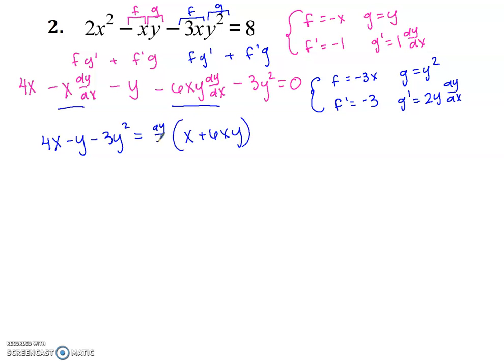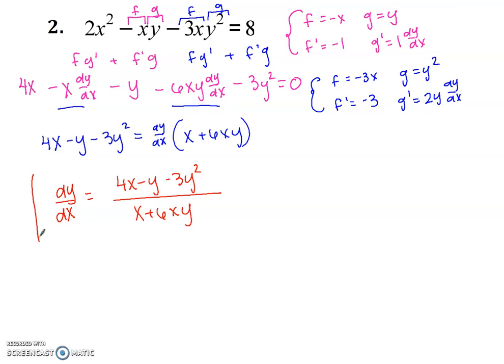And then I'm just going to GCF that dy dx out of both of them, so just bring it to the front. Then our last step is just to divide by the x plus 6xy. So dy dx is going to equal 4x minus y minus 3y squared over x plus 6xy.